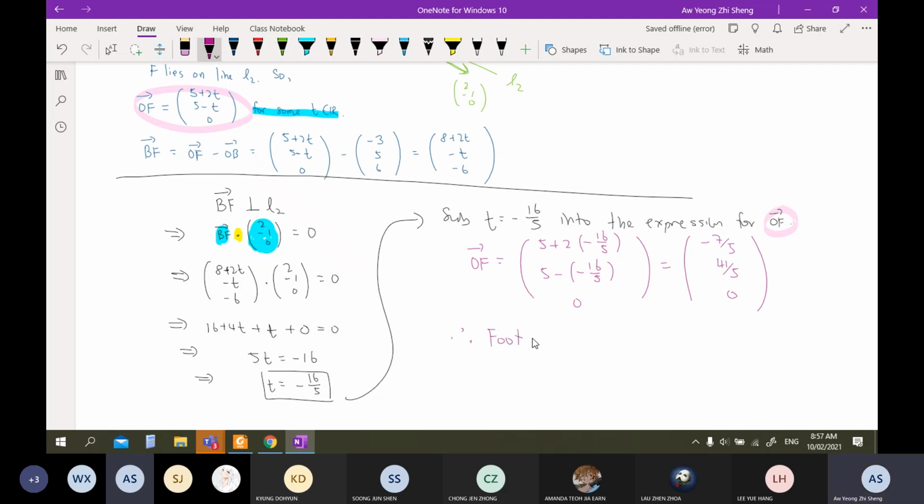Foot of perpendicular from B to L2 as coordinates: minus 7/5, 41 over 5, 0. And convert your answer to coordinate form.